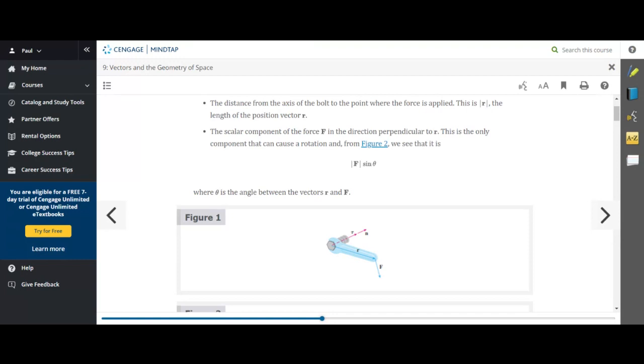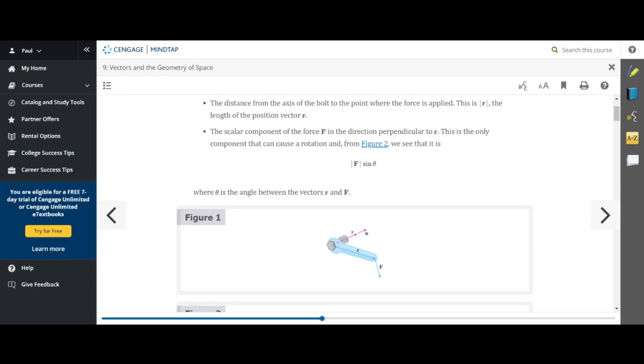Or is it just a component of the force vector? It's a component, along with sine. That's right, Mario, because it's the vertical component of that vector that is producing the torque.